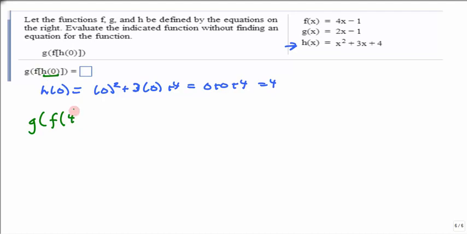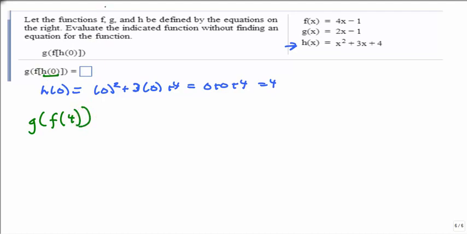So I'd have 0 squared plus 3 times 0 plus 4, because I plug this in for h. So when I get my solution here, I have 0 plus 0 plus 4. So I get h of 0 equals 4. Okay, so this piece right here is equal to 4. So I have g of f, and h of 0 was 4.